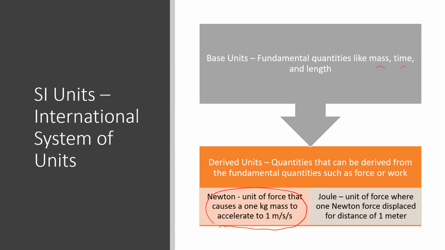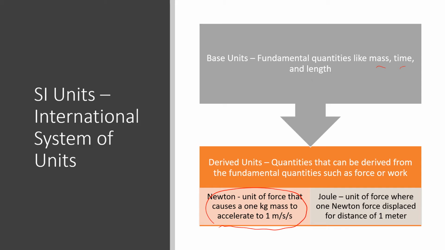The same thing for a joule, which is a unit of work. It says unit of force. That's incorrect. It's a unit of work, where 1 Newton of force is displaced for a distance of 1 meter in the direction that the force is actually applied. All right, so keep that in mind.